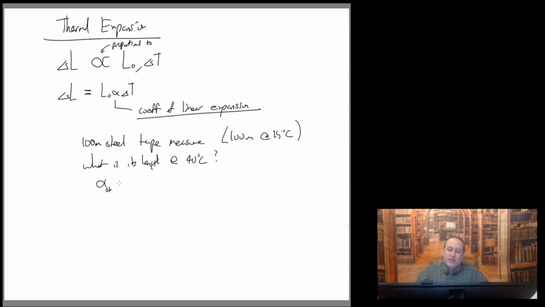The alpha for steel is 12 times 10 to the negative 6 degrees Celsius to the -1 power. So the change in length would be equal to the initial length times the value of alpha, 12 times 10 to the -6 degrees Celsius to the -1 power, times the change in temperature, which in this case would be 25 degrees Celsius. Those inverse degrees Celsius cancel my degrees Celsius, and it's going to be 0.03 meters.